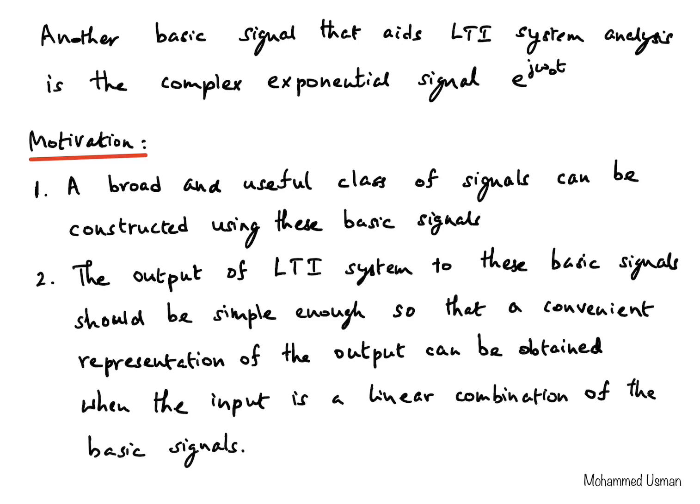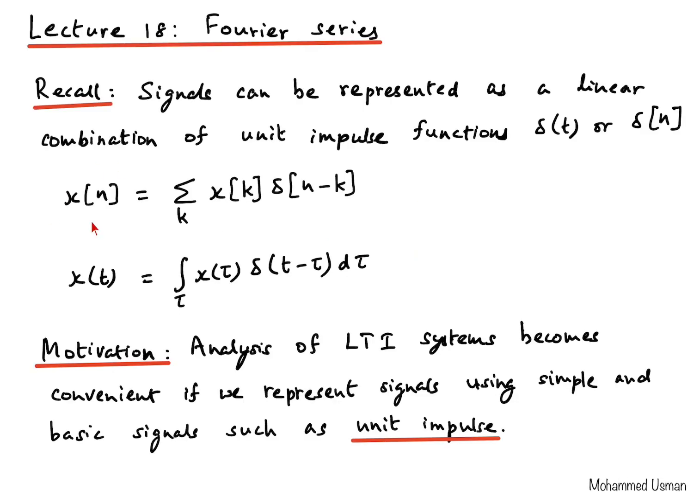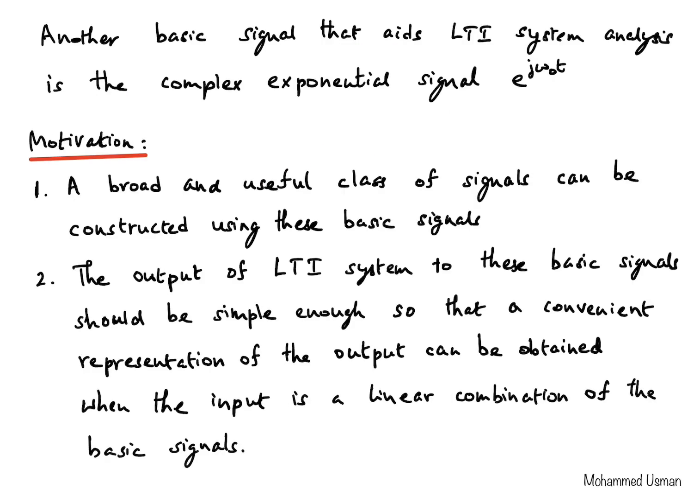Now, the primary motivation in representing a signal as some linear combination of some basic signals is that we are able to construct a broad and useful class of signals using the basic signals. So just as we represented some signals using the impulse function, we now represent a broad class of signals using the complex exponential signal.